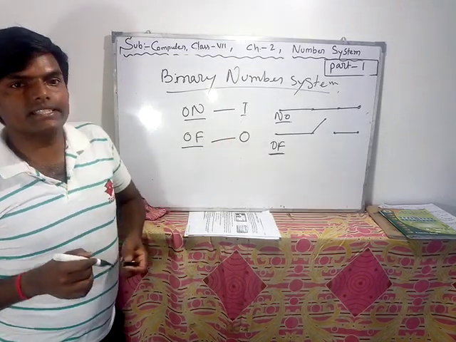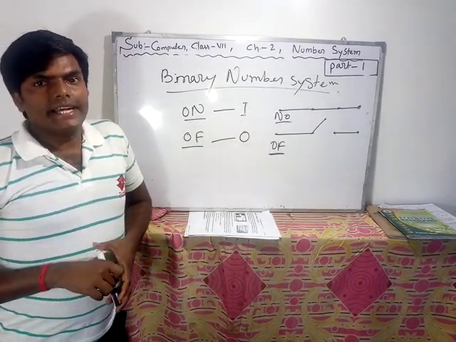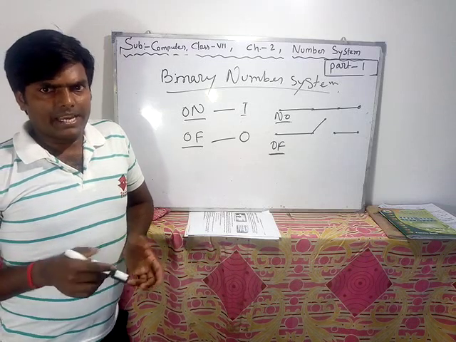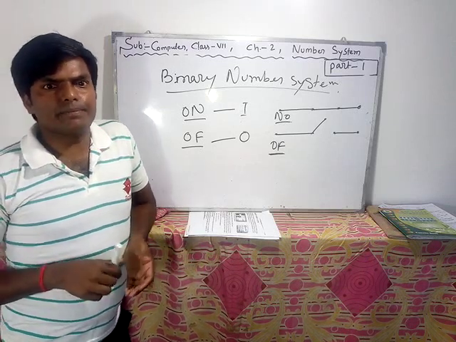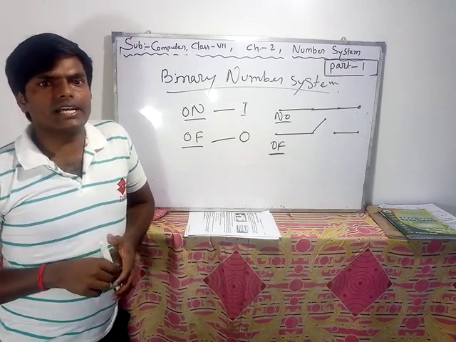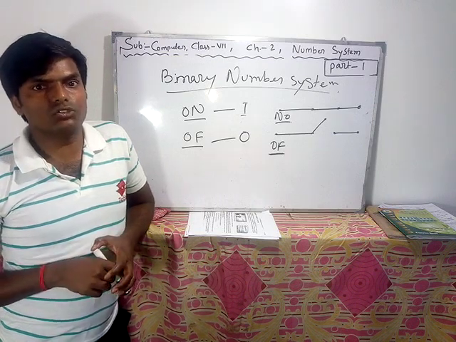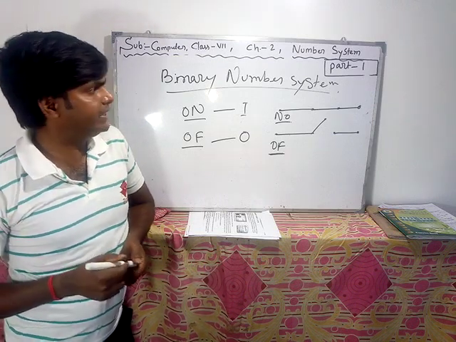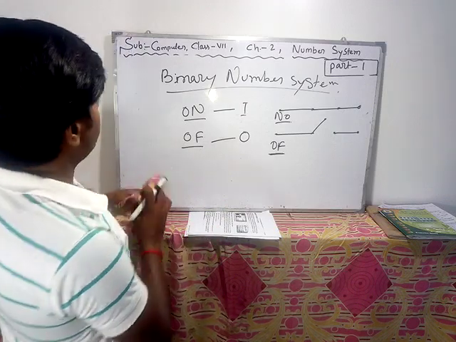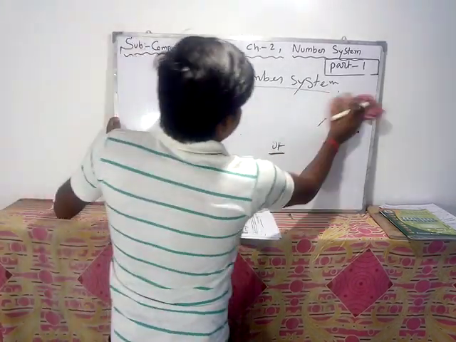Okay, so next, in the binary number system, the digit in the rightmost position is known as the least significant bit.